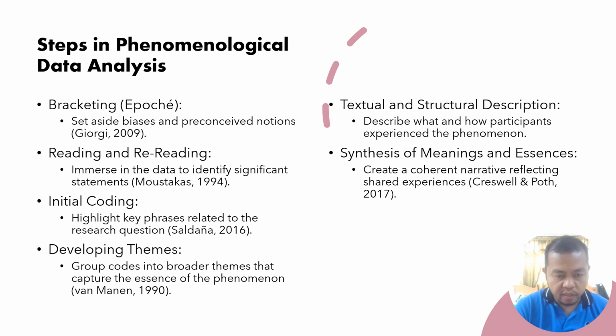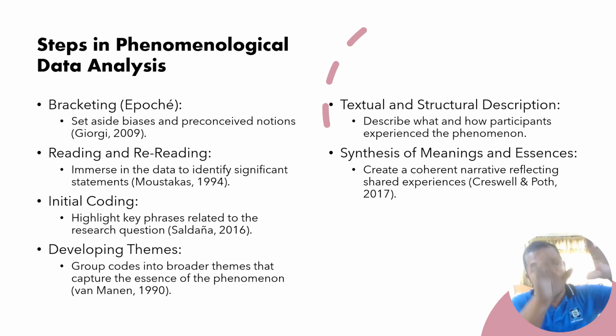After highlighting these several codes, these phrases, you develop the themes. So how do you develop the themes? You group the codes. Traditionally, you cut those quotations. You group the codes into broader themes that capture the core aspects of the phenomenon.